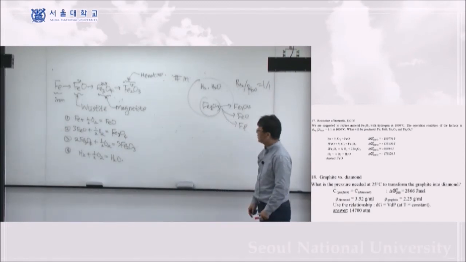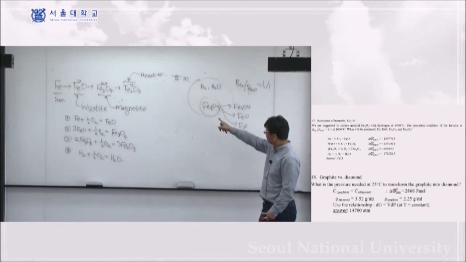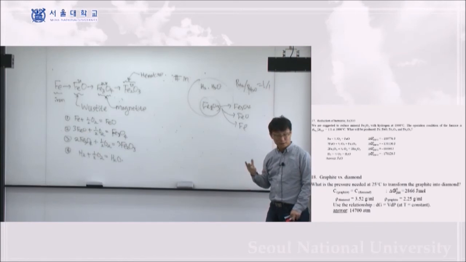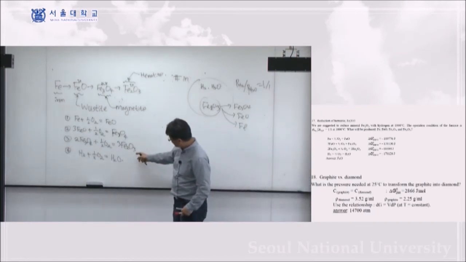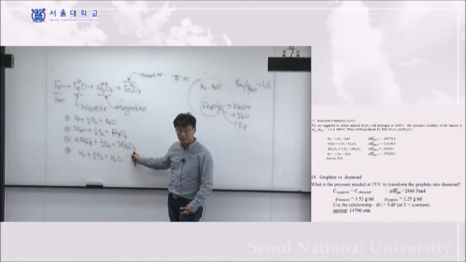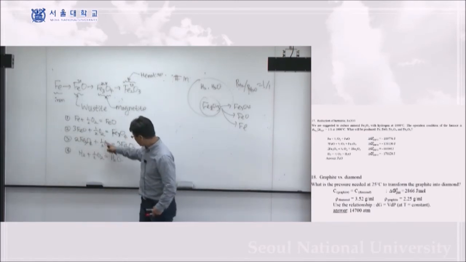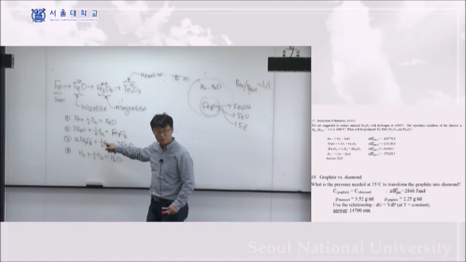So let's think about it. I have initially Fe2O3, so I have to start from Fe2O3. That's the very first condition. So the very first one you can think about is the third one. I have Fe3O4, Fe2O3, and this one. And I have to know the partial pressure of O2 under this condition.